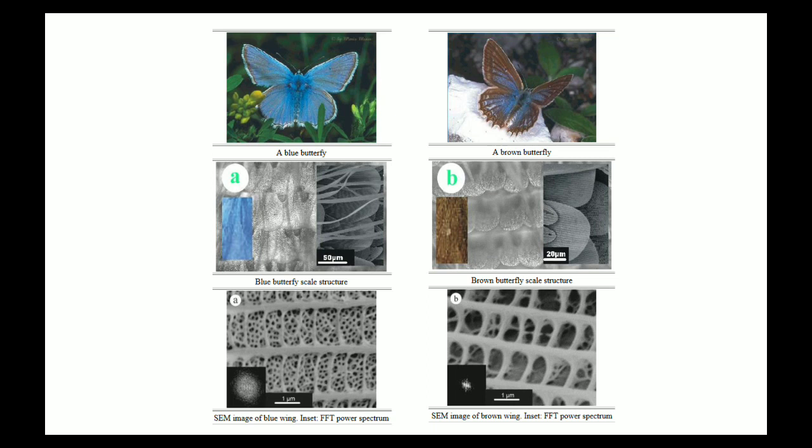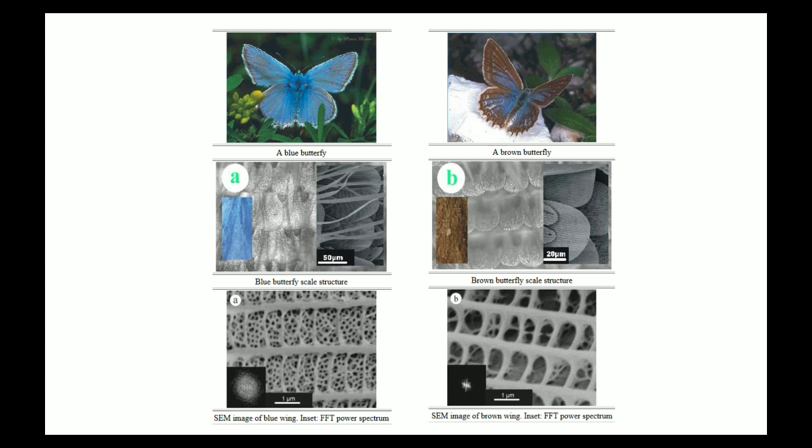And in the brown butterfly, the SEM image is shown in B. You can see the image is taken at 20 micrometers, and when you go to 1 micrometer, its structure is different.